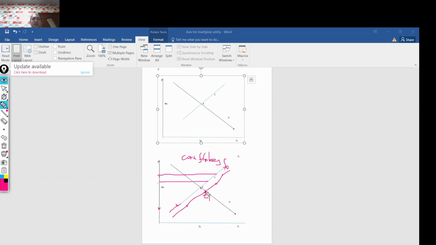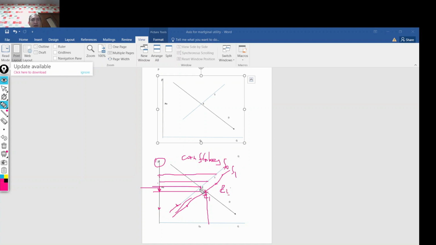The new equilibrium is established where the new supply curve S1 intersects the original demand curve, that point, right? And compared to the original equilibrium in terms of price, the new point will have less price for cornflakes.